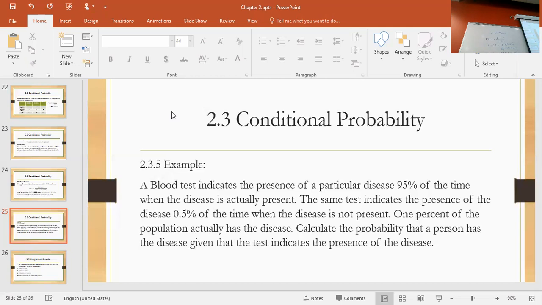So we are going to have here 0.01 divided by. This is an application of the Bayes theorem.